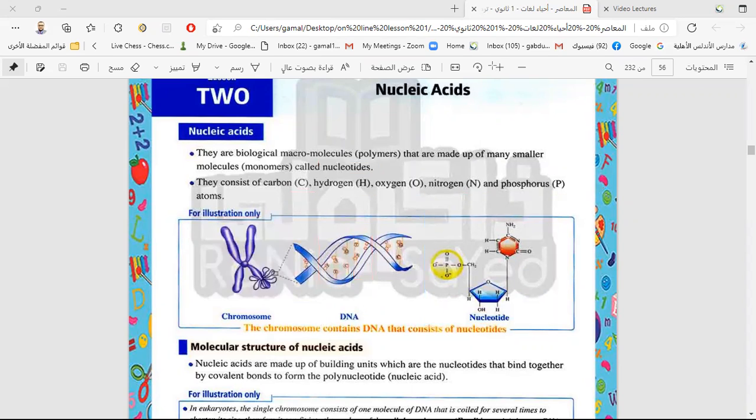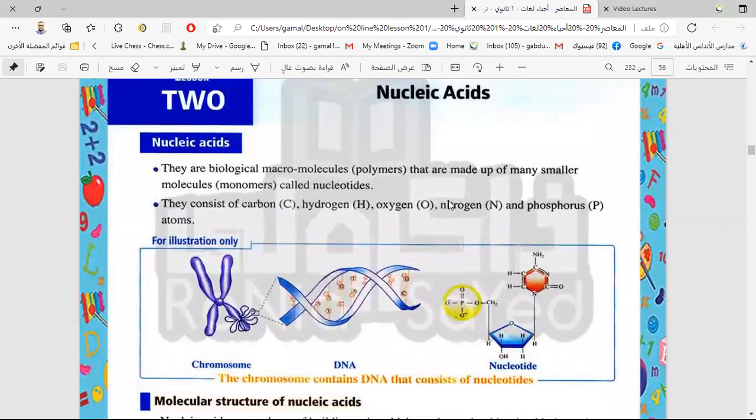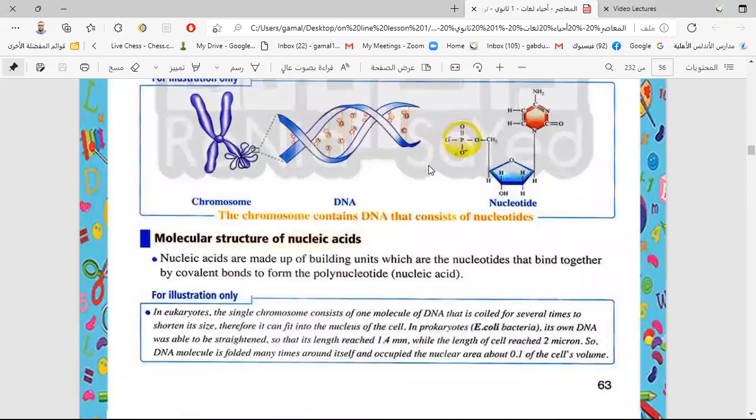As you see here, we have a nucleotide. You can magnify it like this. The nucleotide is made up of 3 components or 3 parts. The first part is a molecule of sugar, a pentose sugar. As you see here, this is the pentose sugar, the first part of the nucleotide.